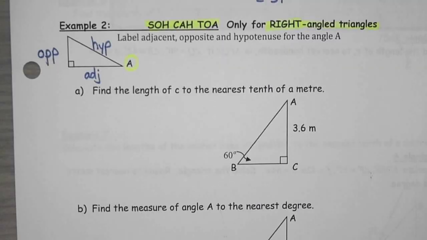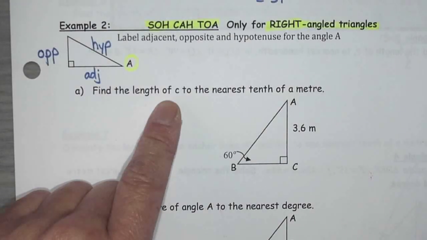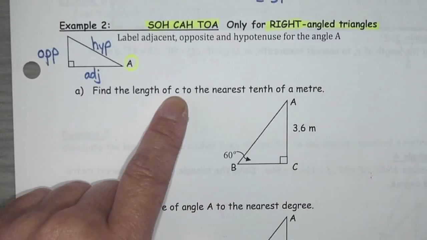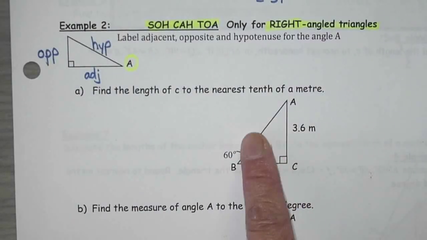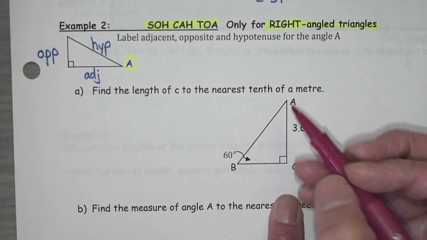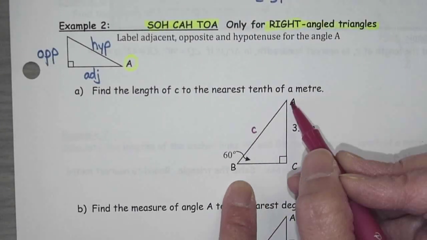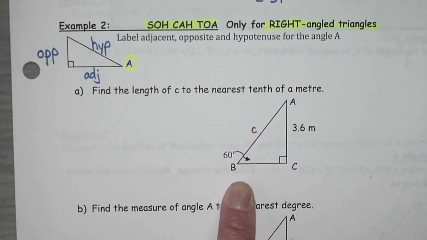That's going to be really important. For this question, I said, find the length of C. Which one's C? Lowercase c. Yeah, which one's C? The opposite to the angle. Yes, if this is angle C, you're pointing to your opposite of side C. Another word for side C would be AB, but they can call it either one.